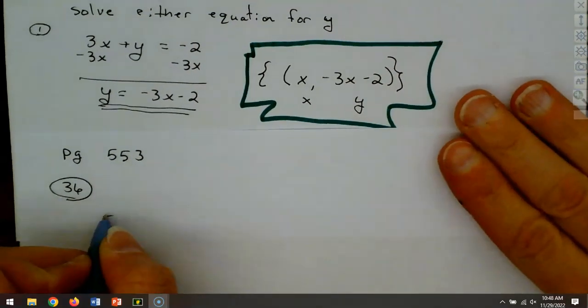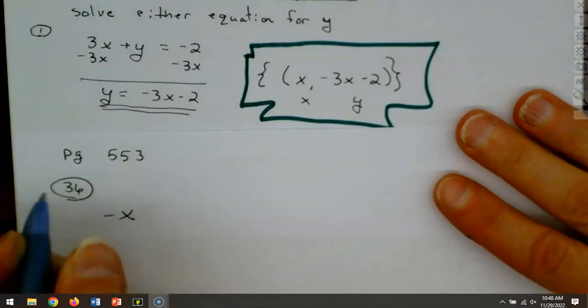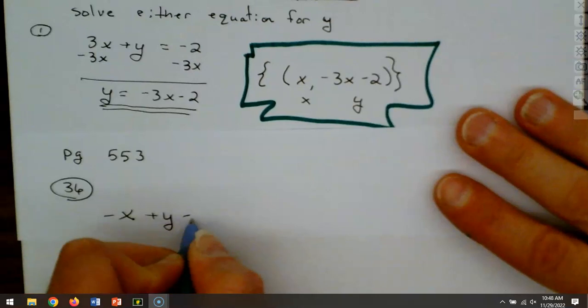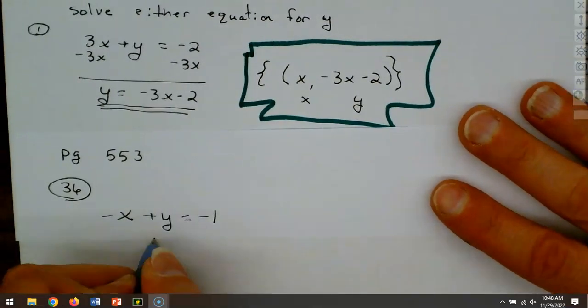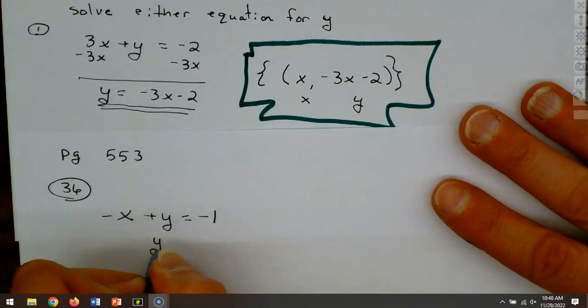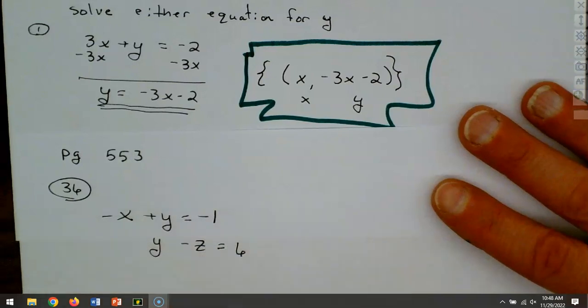Now we've got negative x plus y equals negative 1. We've got y minus z equals 6. And we've got x plus z equals negative 1.